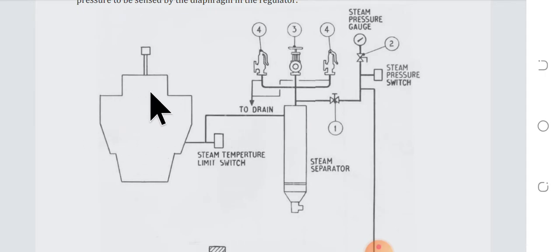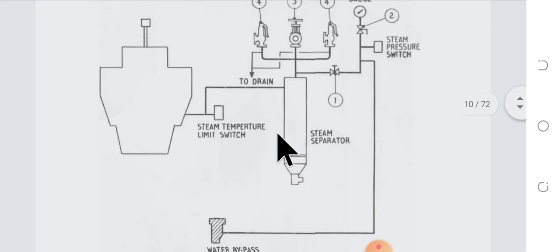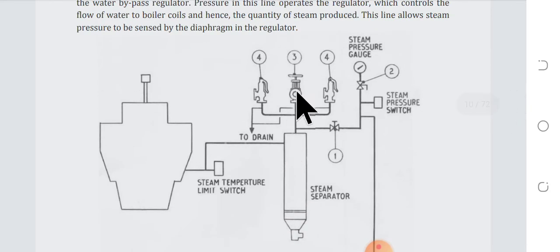You see that in this boiler we don't have any water drum or steam drum. So we don't have a collection of steam system, so the steam already contains some liquid, some moisture. By passing through the steam separator, all the moisture drains downward, and the pure steam comes over here.